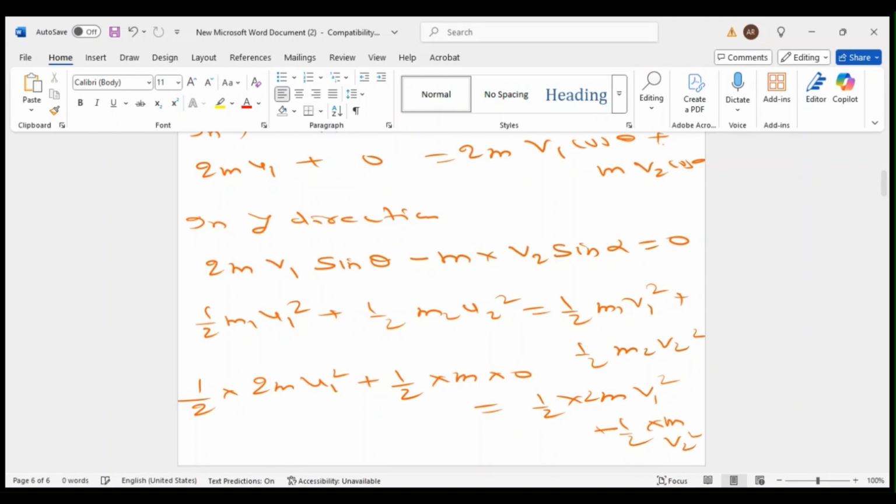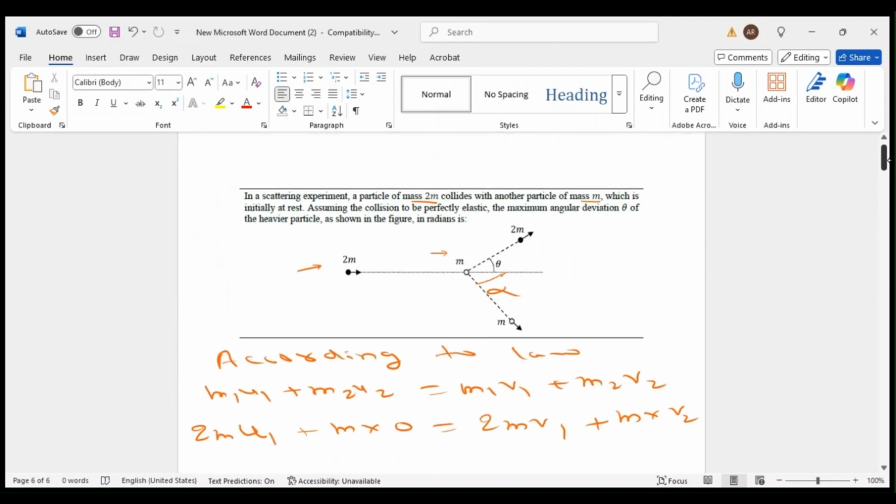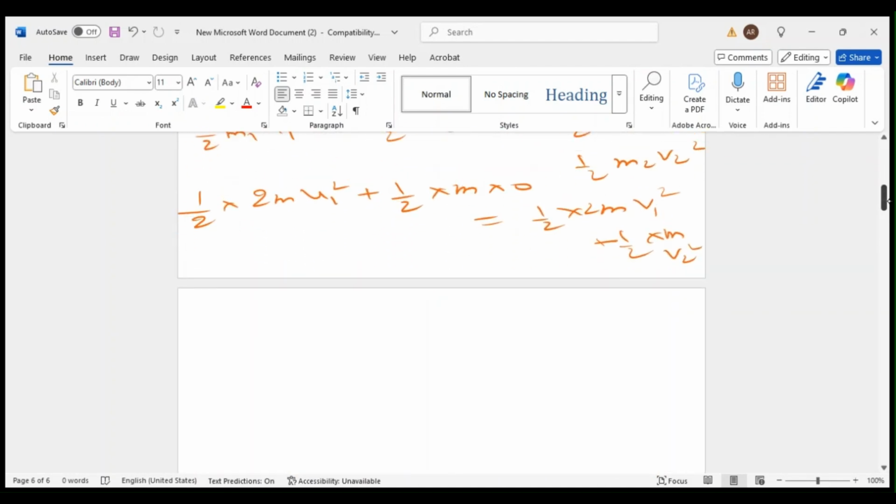We are not taking cos alpha and sin alpha here because we are taking only the resultant values v1 and v2. Now on solving the above equations, we will get u1 square is equal to v1 square plus v2 square by 2.